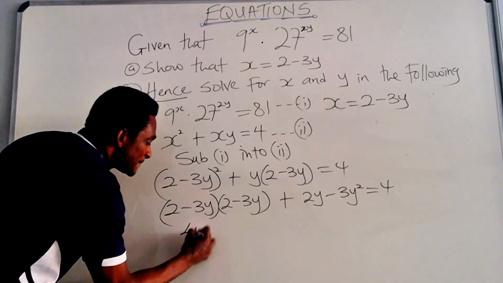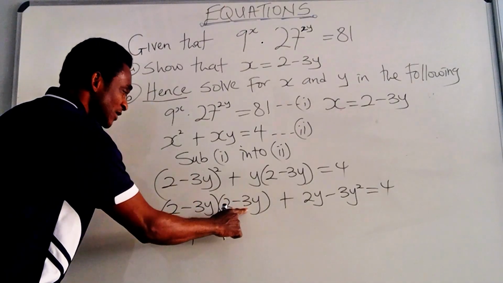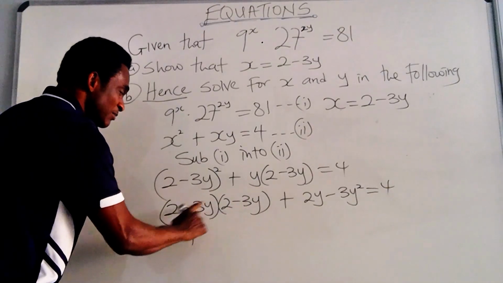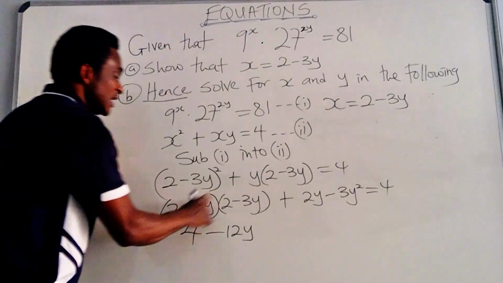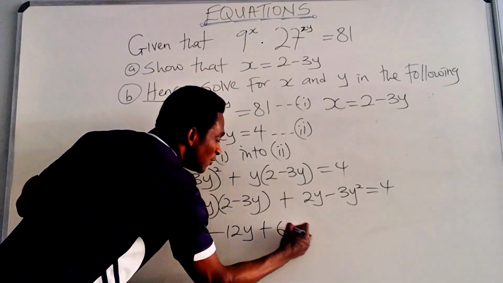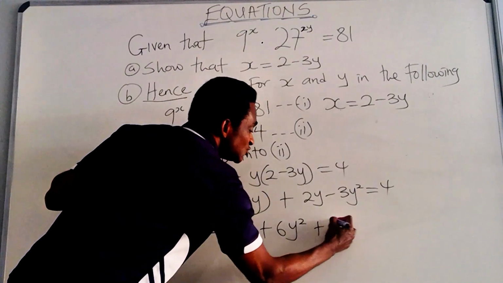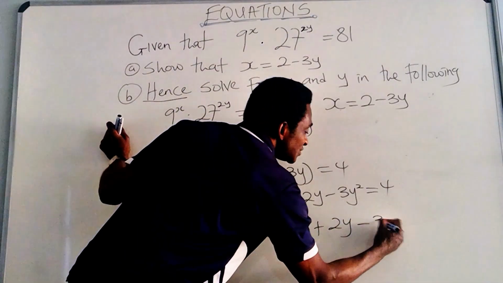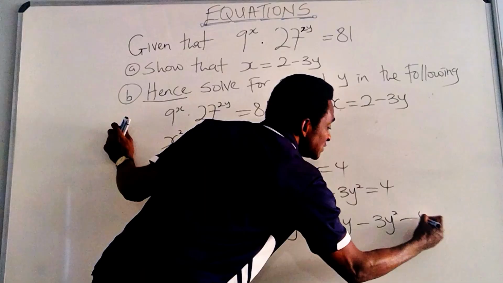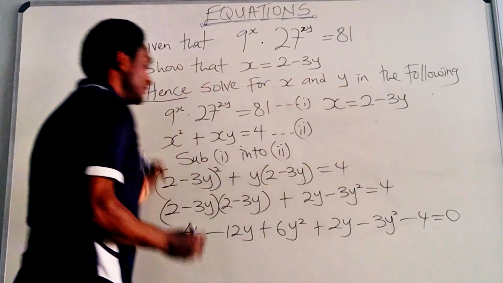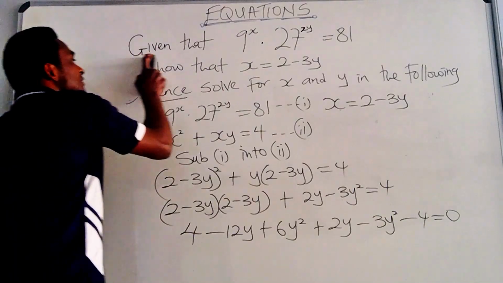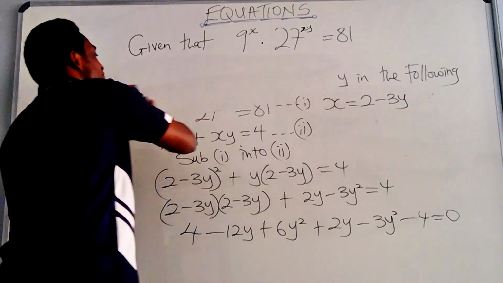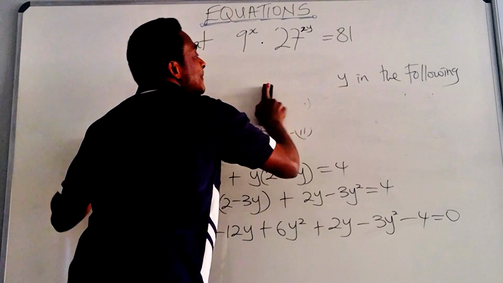This is 4 minus 6y minus 6y will give us minus 12y, then plus 6y squared plus 2y minus 3y squared minus 4. I want to write it in standard form. Now let's simplify that and see what it gives us.